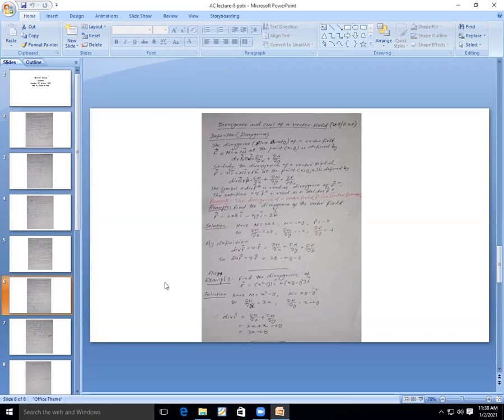Differentiate N with respect to y, you get x minus 2y. And then putting the values in the formula for the divergence of a vector field, you have 3x minus 2y, which is the divergence of this given vector field.